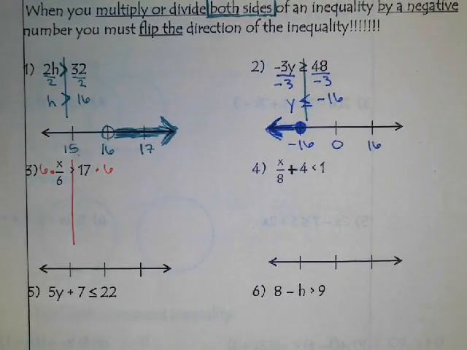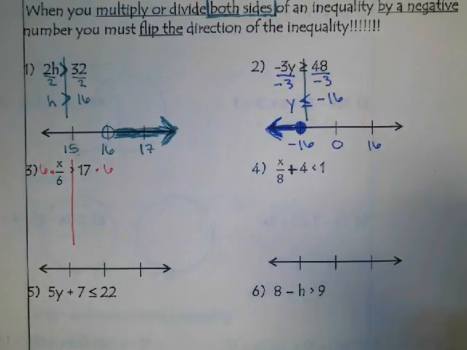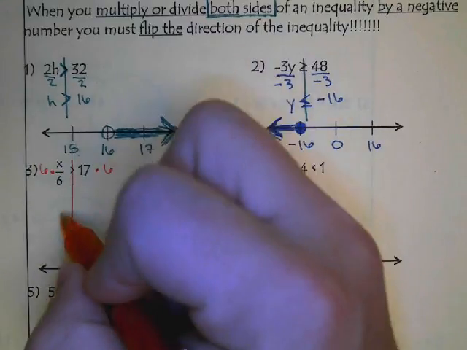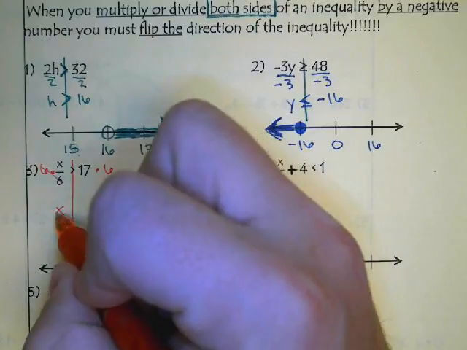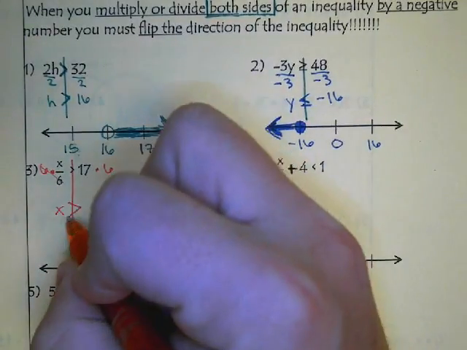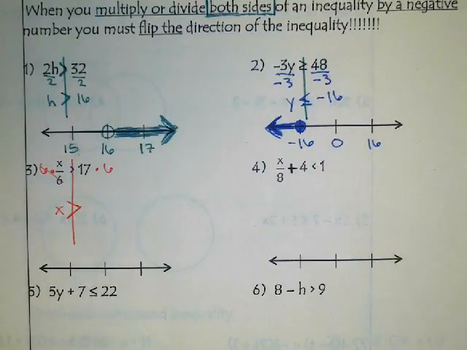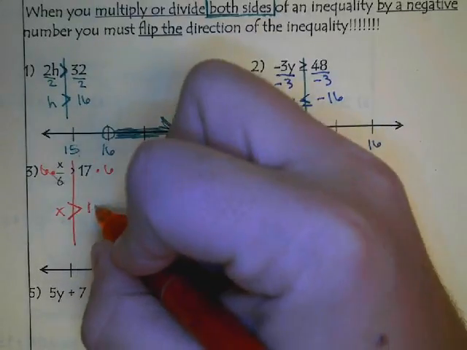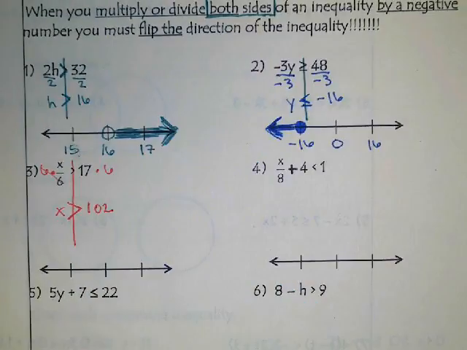What we're going to do is we'll have x by itself. Those 6's cancel. We have x, and since I'm multiplying both sides by a positive, my sign stays the same. X is greater than, and when I multiply 6 times 17, I get 102. Now I have x is greater than 102.